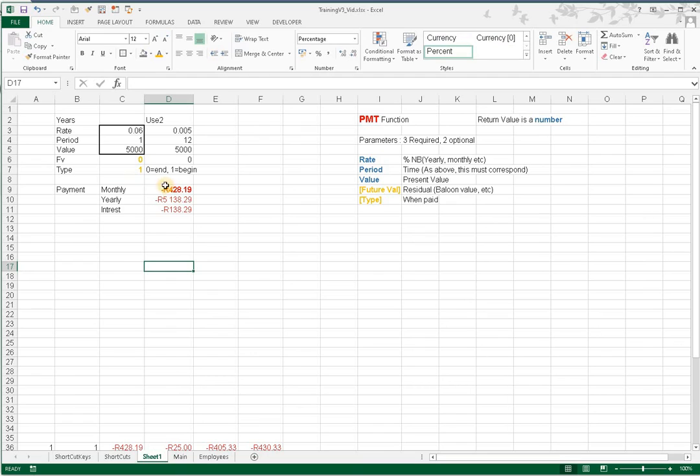At the beginning of the period, as opposed to the end of the period, you borrow the money a little bit longer every month. But again, the options are not required. So the first 3 are required, the last 2 are optional, and you can play with the numbers at your own discretion.